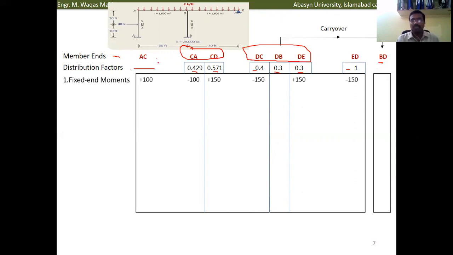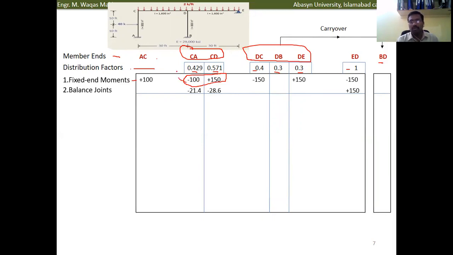After that, we are going to mention the values of the fixed end moments like we did in the beams. And then we are going to find out the values of the balance moments by summing the values of the moments and multiplying the negative sign of the resultant unbalanced moment with the distribution factors.